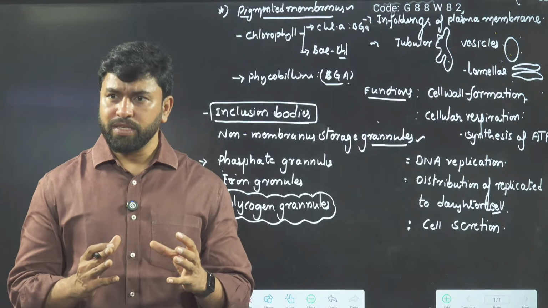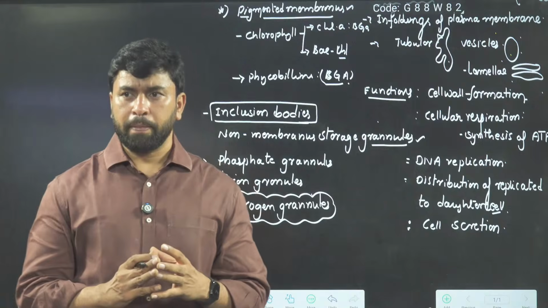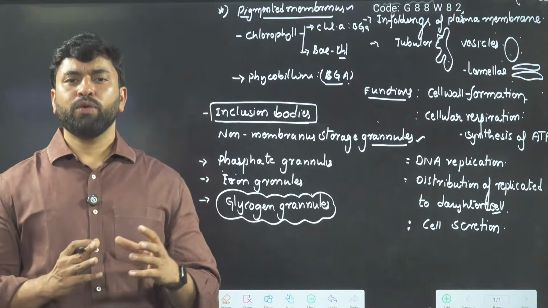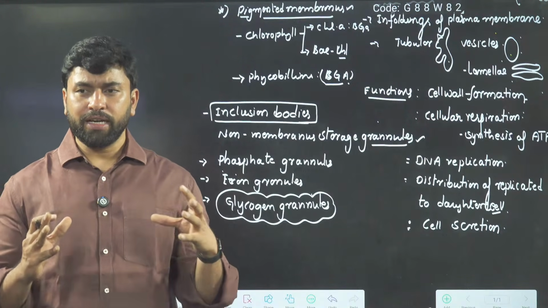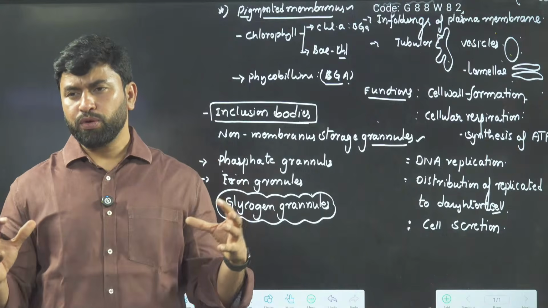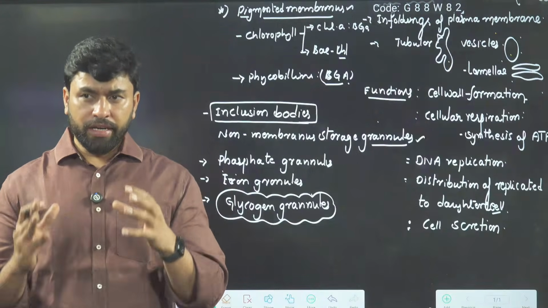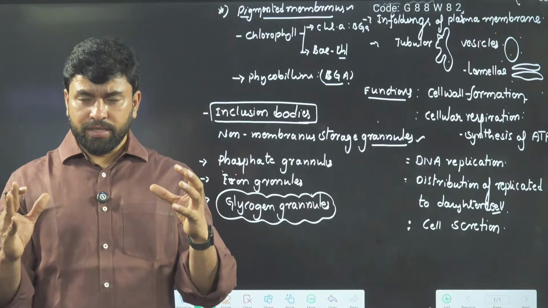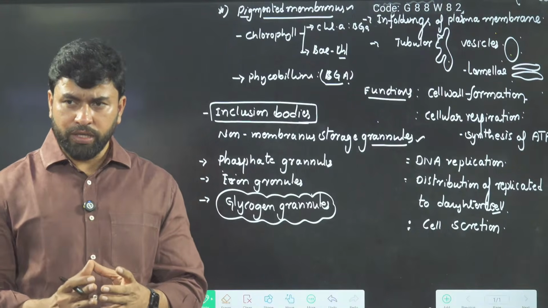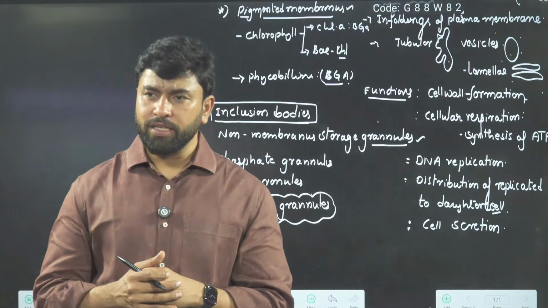We don't have only animals in this world. In addition to animals, we have fungi, bacteria, protozoans, protista, a variety. So, is there anyone other than animals who stores glycogen? Keep that question in mind.